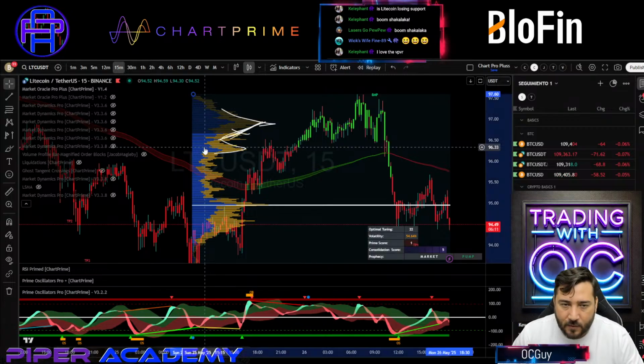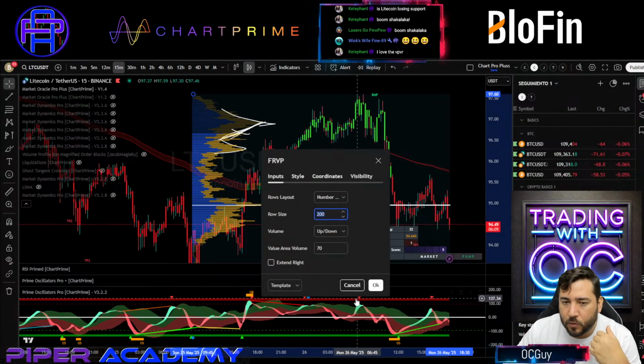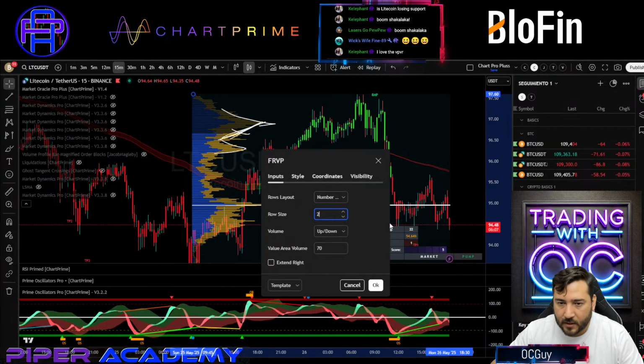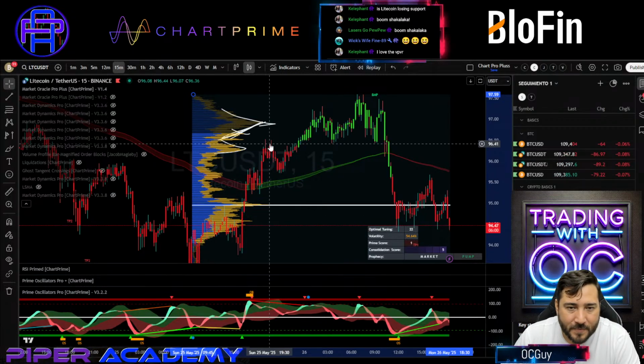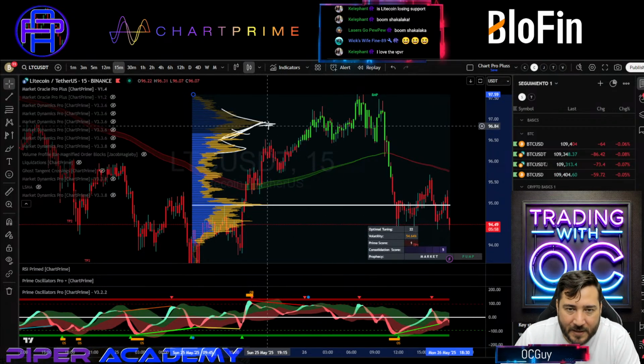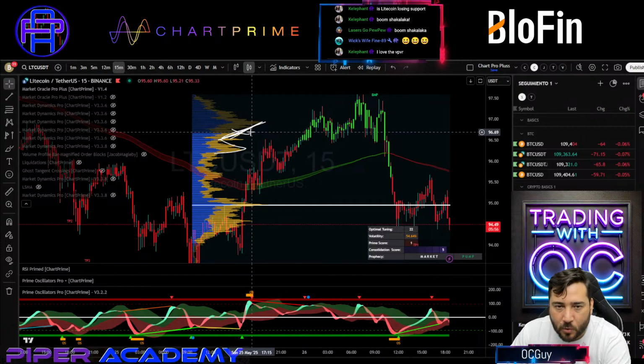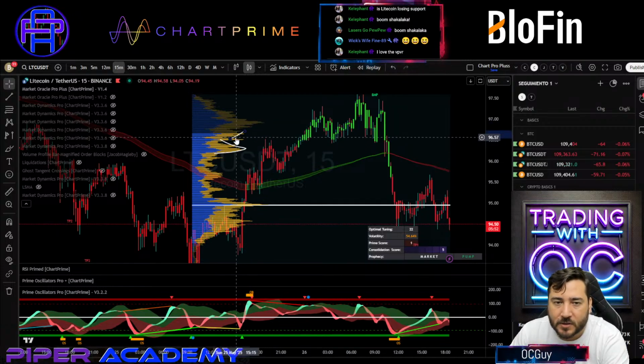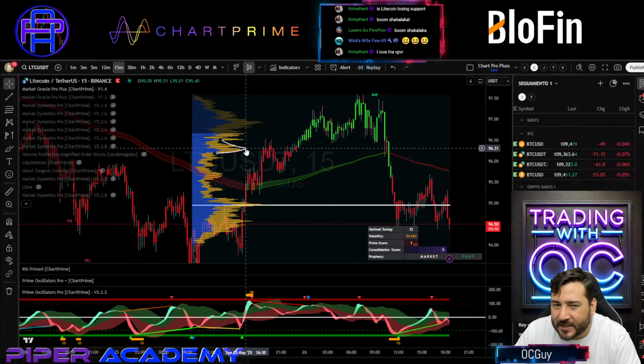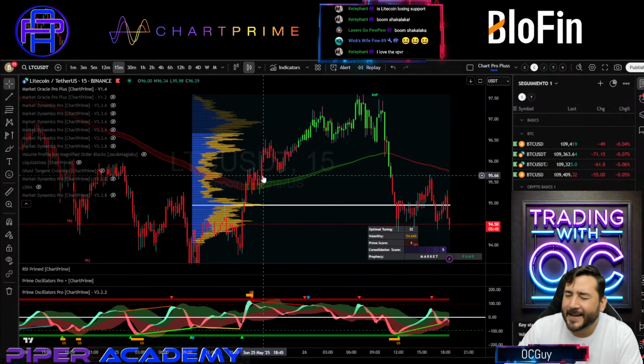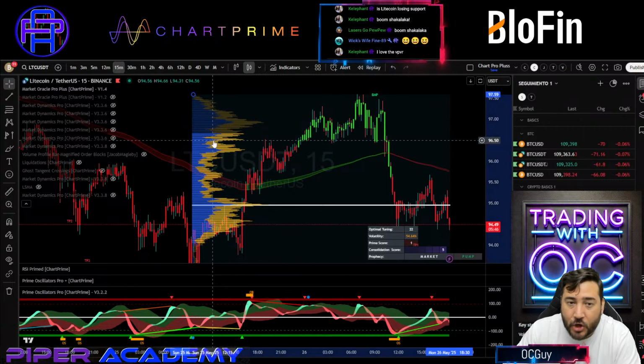The next thing, and remember, is that you can adjust your row size. I can even increase it. Let's go to 2,000 and click OK. I think that should give me more bars per zone. Did it actually do something for me? Not really. So let's go the opposite way.